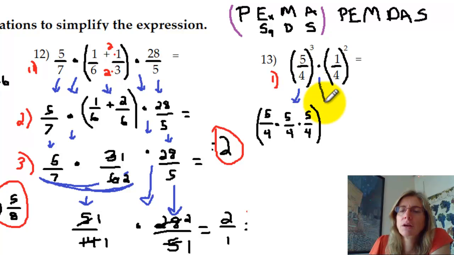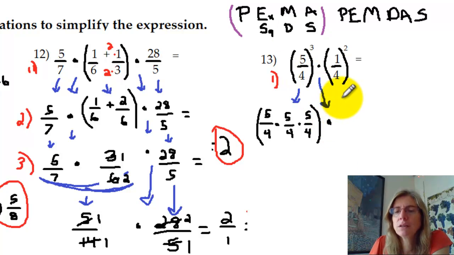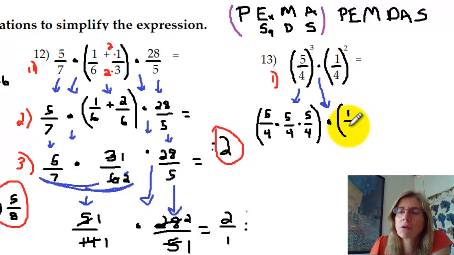And then bringing down this little thing, multiplication sign, in the middle of these parentheses, and this is 1/4 times itself like that, squared.